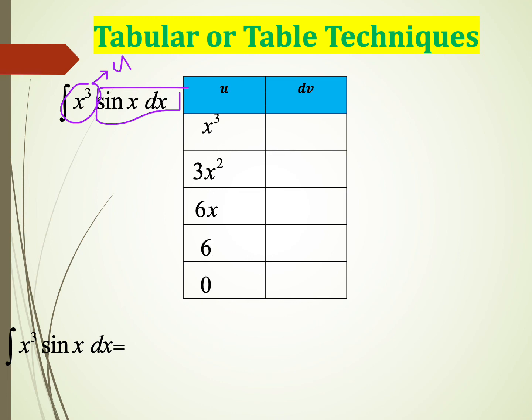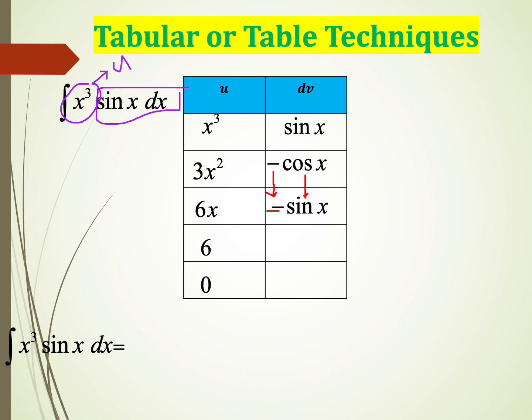And for dv, it is sine x, then the integral of sine x, we know it is minus cosine. Then the integral of minus cosine, the minus stays as it is, but the integral of cosine is sine, so the answer will be minus sine.